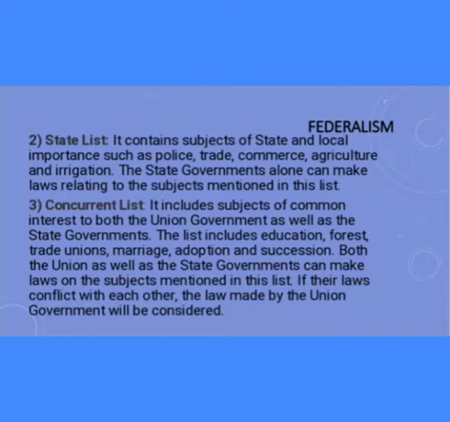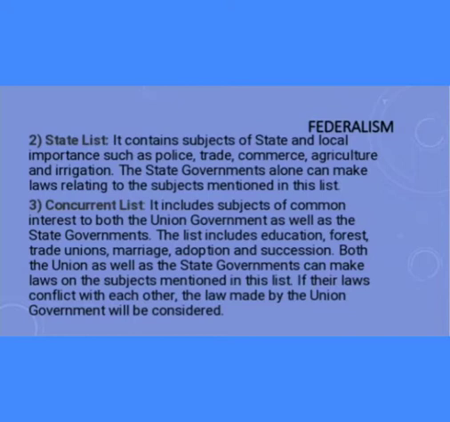And the third is the concurrent list. The concurrent list includes subjects of common interest of both the union government as well as the state government, such as education, forest, trade unions, marriage, adoption and succession. Both the union as well as the state government can make laws on the subjects mentioned in this list.